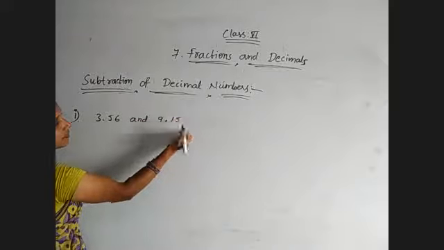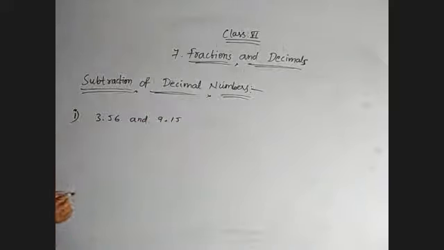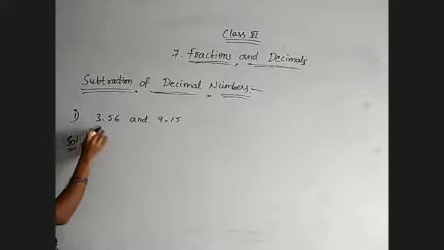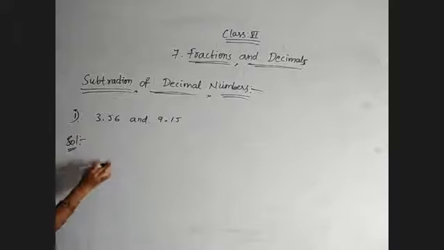First take like decimals only. When we are subtracting two numbers, whenever they are given like this, find the difference between this one and this one. Difference is nothing but subtraction.